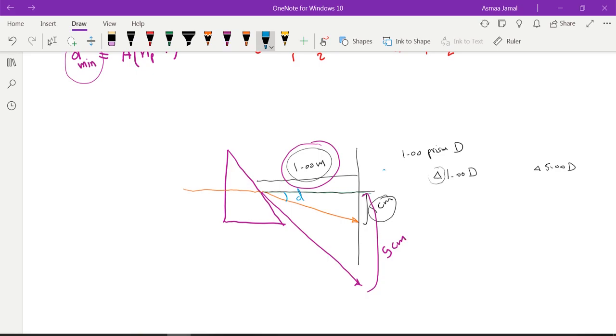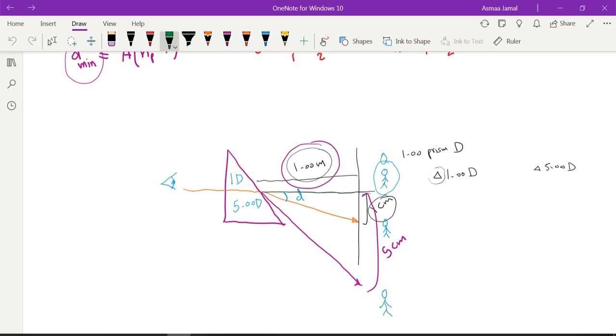So if we have an image or object here, and you take a look through a prism, you will not see the object in its real position. If the power of this prism is 1 diameter, you will see the image 1 centimeter deviated from its real position. If the power of this prism is 5 diameter, the displacement of this image will be 5 centimeters. So you will see it down there.